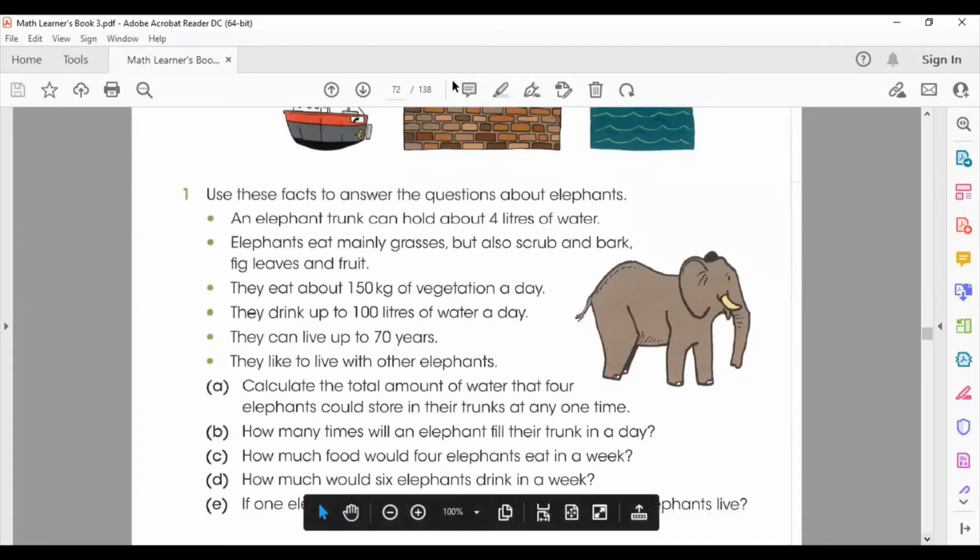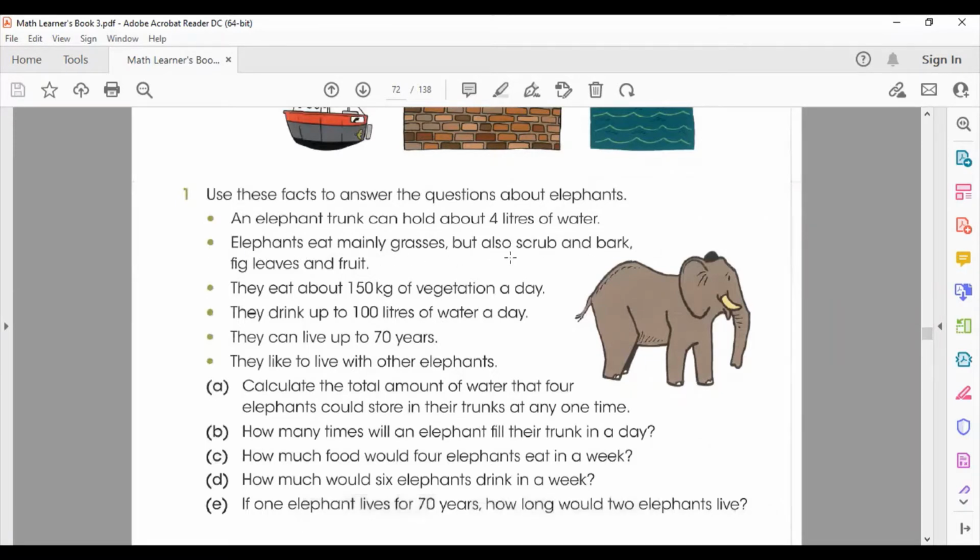An elephant trunk can hold about 4 liters of water. Elephants eat mainly grasses but also scrub and bark, twigs, leaves and fruit. They eat about 150 kg of vegetation a day. So this is an important point, 150 kg.